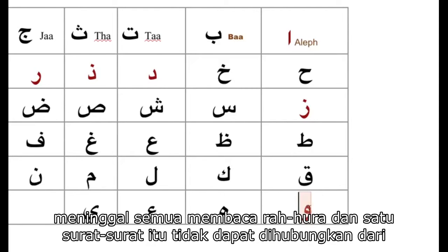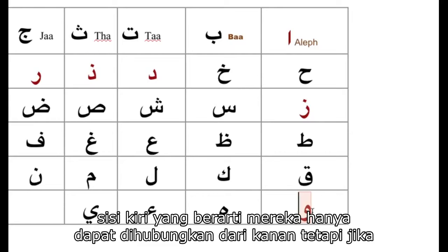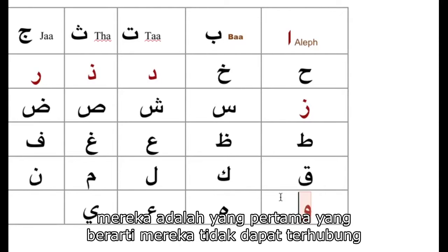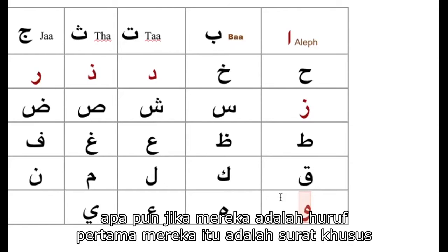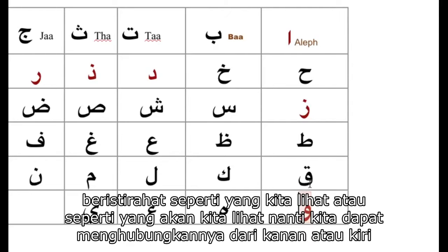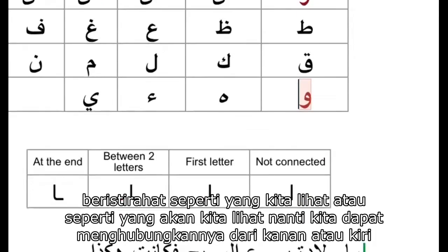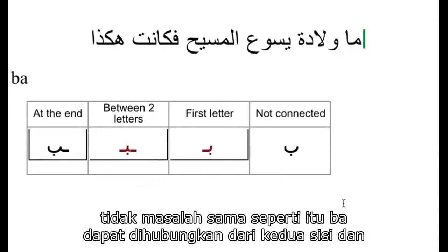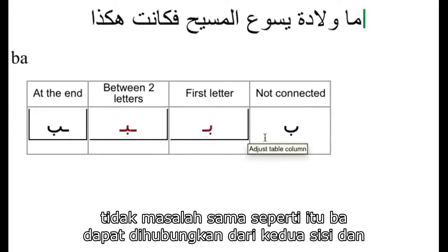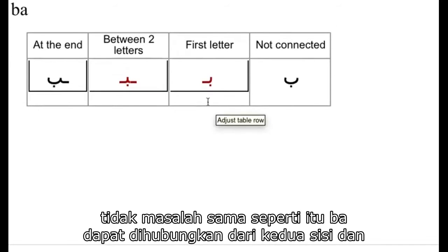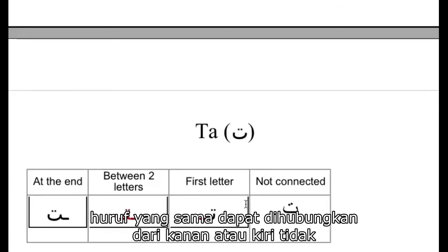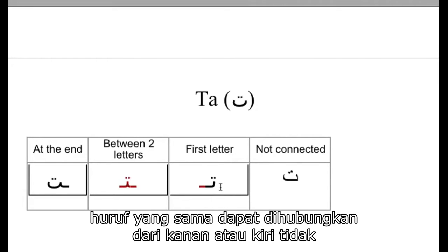Those letters cannot be connected from the left side, which means they can be connected only from the right. But if they are the first letter, they cannot be connected to anything. Those letters are special. The rest, as we will see later, we can connect from right or left. It doesn't matter. Same as letter Ba can be connected from both sides, letter Ta is the same, it can be connected from the right or the left.